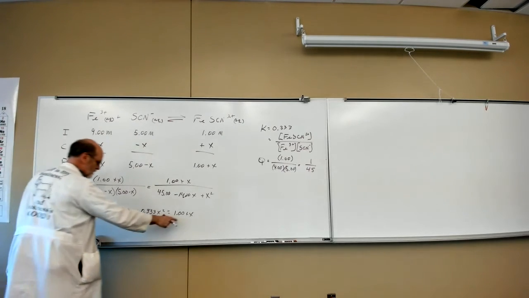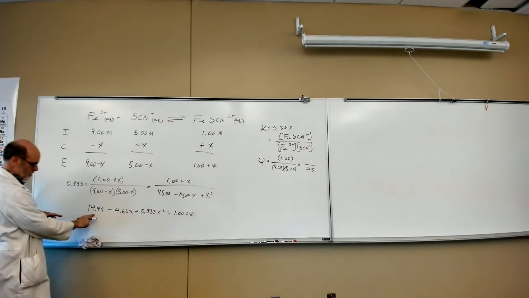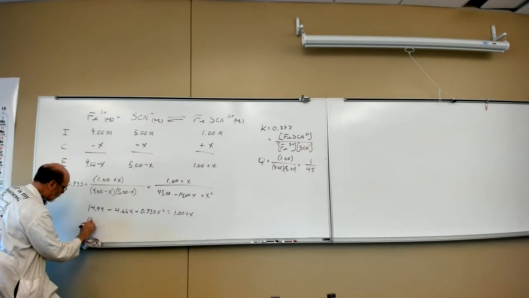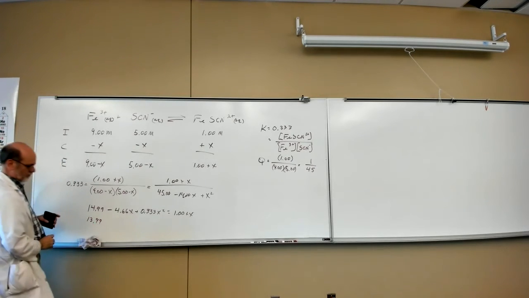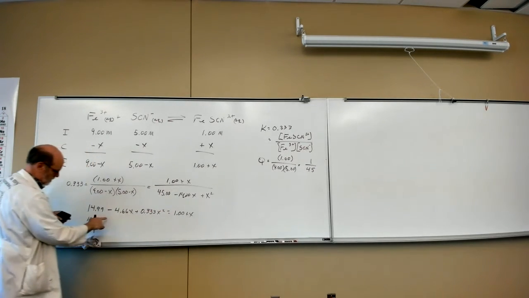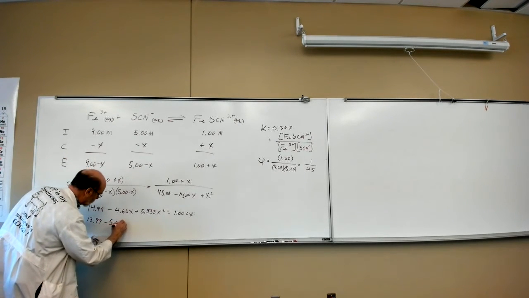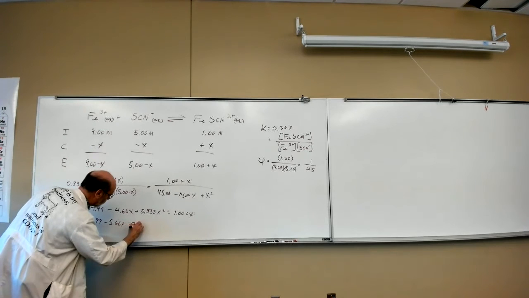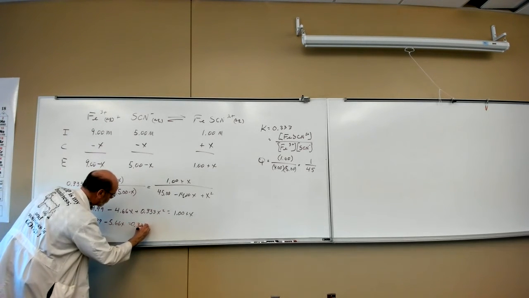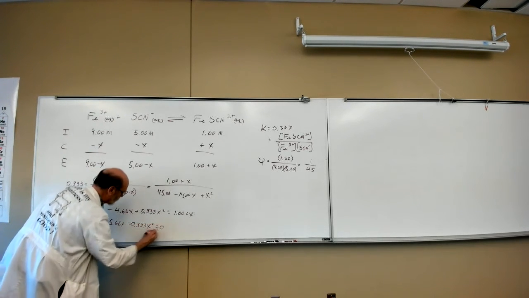So we have to bring this 1 over here, which makes this 13.99. And then bring the x over, which makes it a minus 5.66x, plus 0.333x squared equals 0.